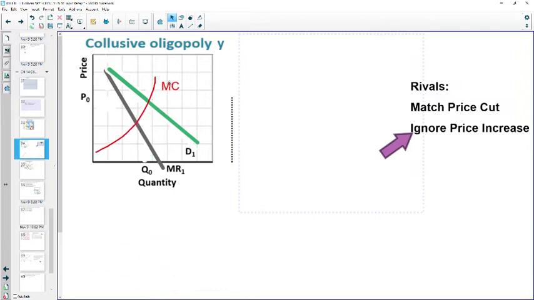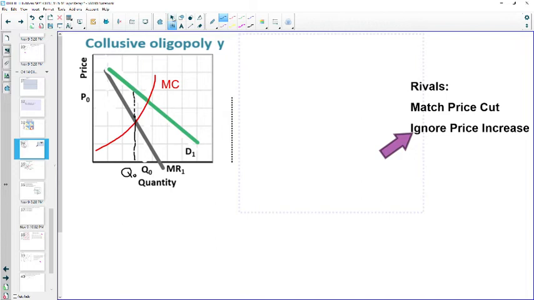So let's assume we start out where marginal cost and marginal revenue meet. We're going to be producing this quantity of an oligopolist. We're going to be charging a price based upon the demand curve.